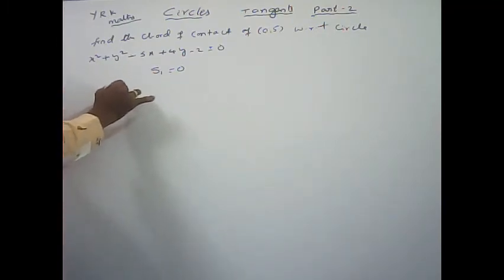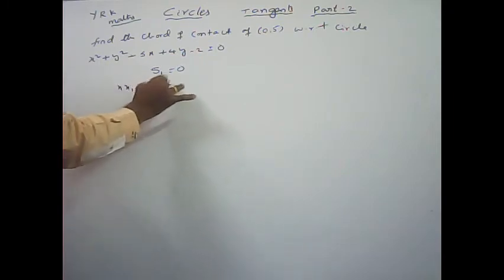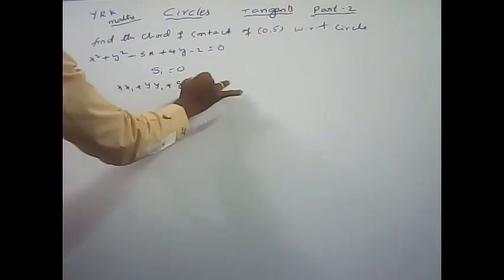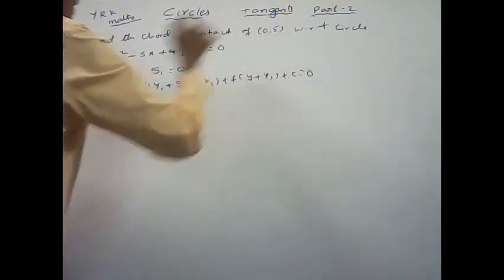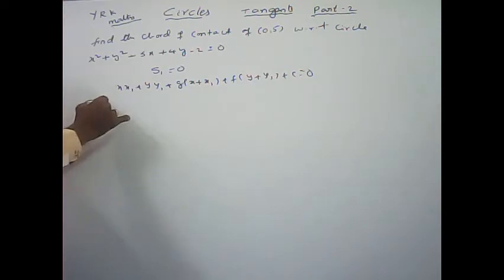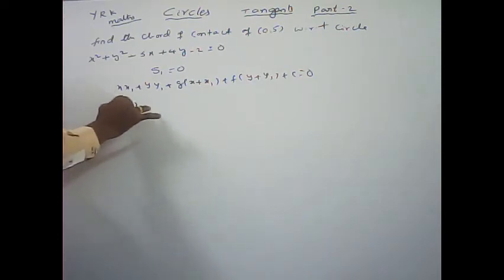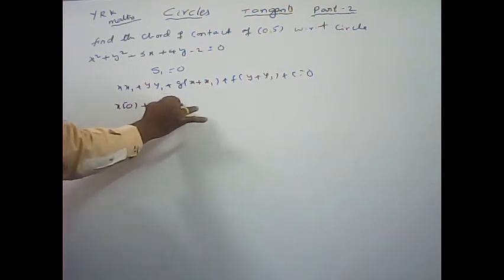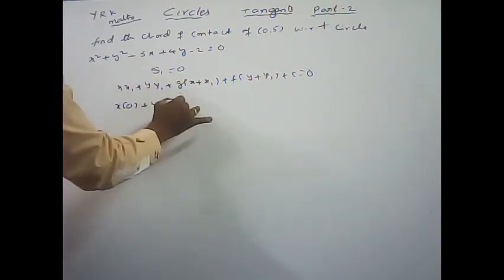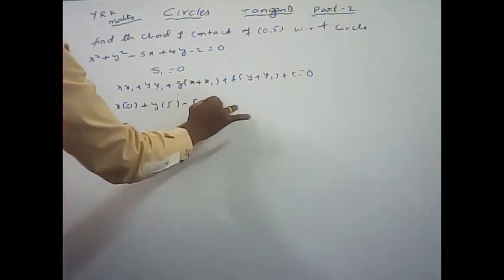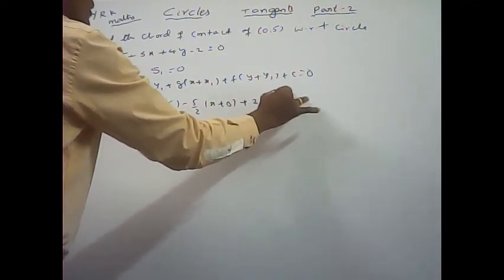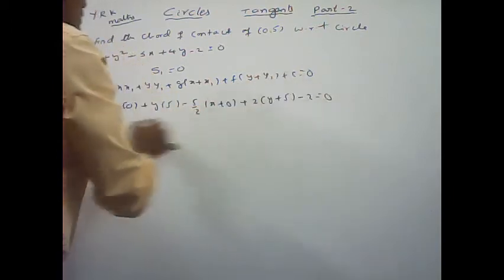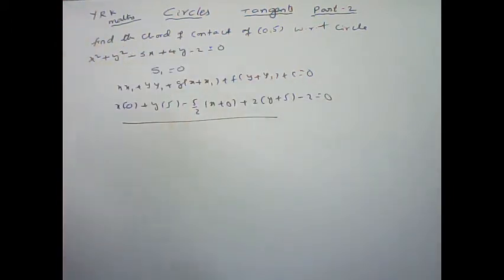S1 is x x1 plus y y1 plus g of x plus x1 plus f of y plus y1 plus c, that is equal to 0. x1 is 0, y1 is 5, g is equal to minus 5 by 2, x plus x1 plus f of y plus y1 plus c, minus 2, that is equal to 0. And simplifying, we can get the equation of the chord of contact.